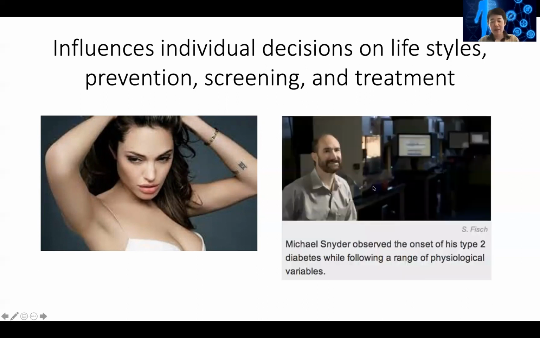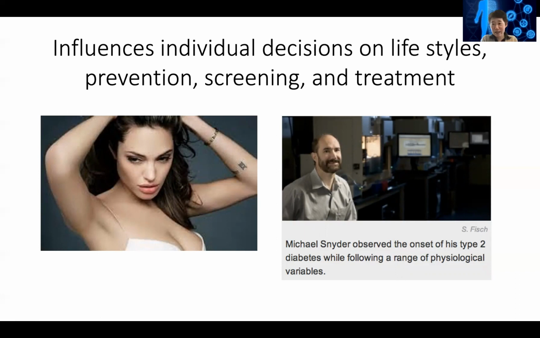And there's another study that was published in Science several years ago. This is Mike Snyder, who is the chair of the genetics department at Stanford. He did his SNP profiling, and based on the knowledge at the time, he was predicted as more likely to have diabetes.